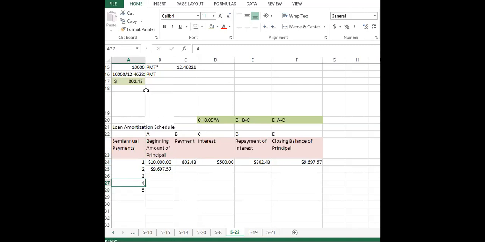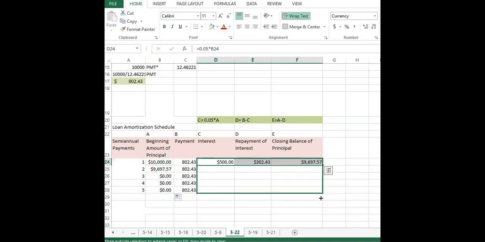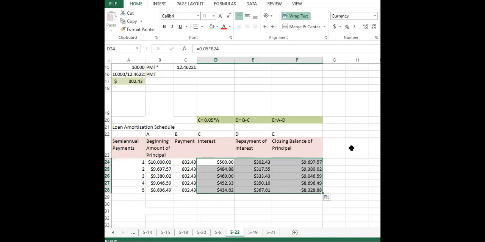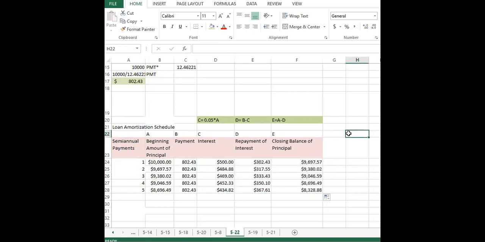And these payments remain constant. This is the fixed payment, and here is the loan amortization schedule for 5 semi-annual payments. Okay, class.